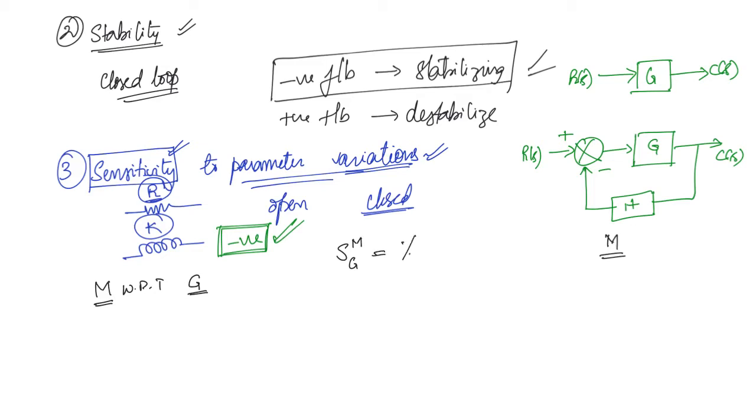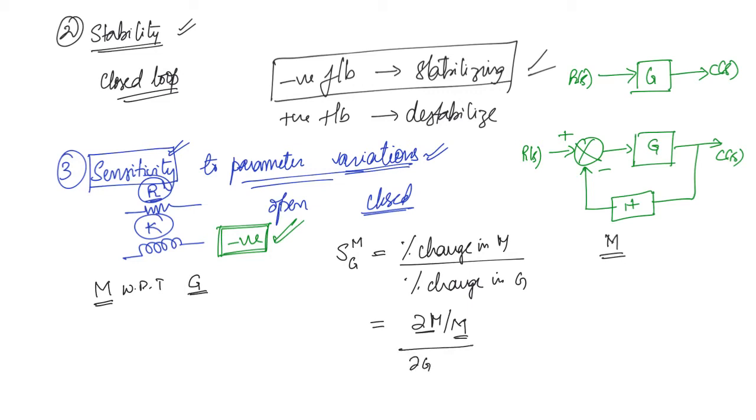This is defined as percentage change in M for a percentage change in G. Percentage change in M is given by ∂M by M, change in M divided by M. Similarly, percentage change in G will be change in G divided by G. So this will be G by M, ∂/∂G of M. That means you are taking G by M into partial differentiation of M with respect to G.